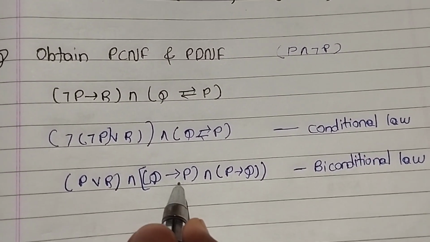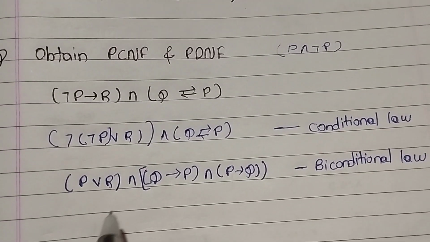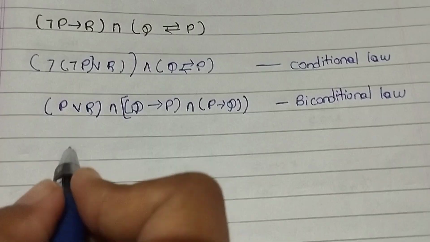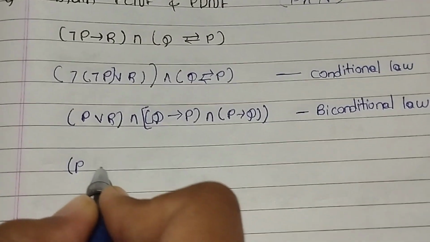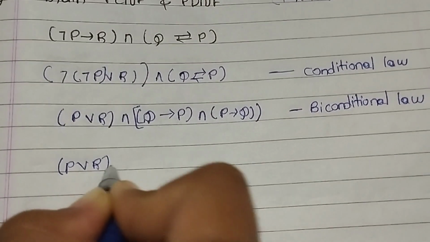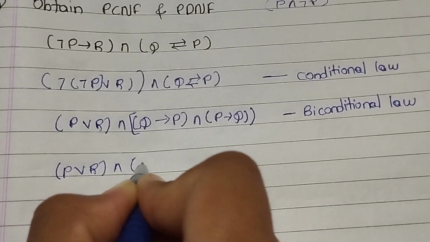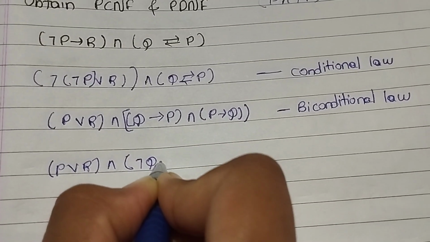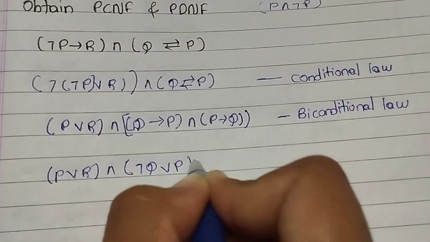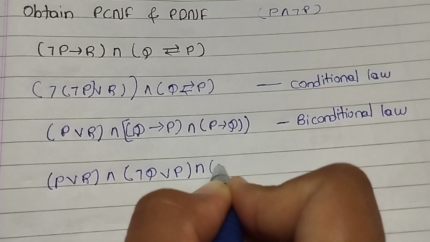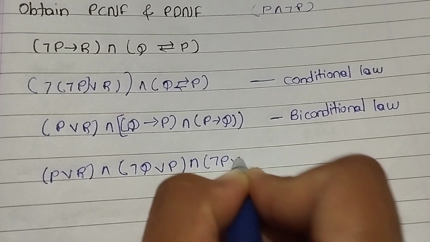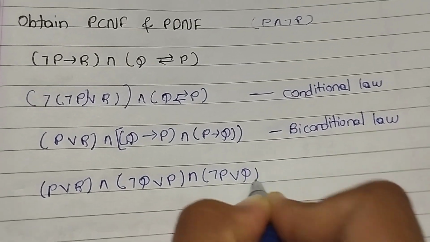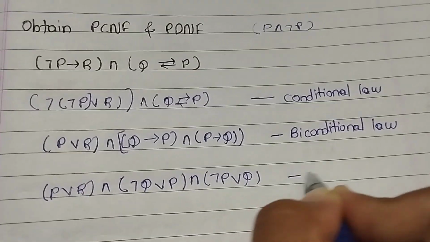Now we use the conditional law to solve the equation: negation Q or P, and negation of the first variable or the second variable as it is. This is the conditional law.